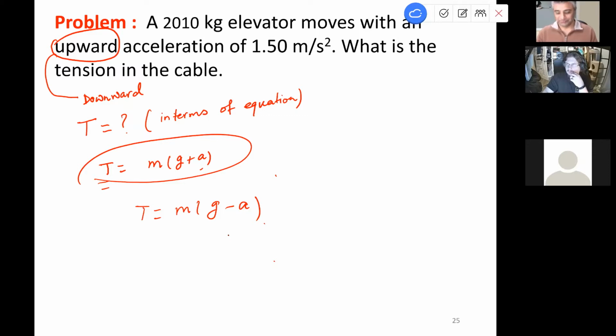Folks? I got the same thing. G minus A. Okay. Yep. Did you do that on the paper? Did you find the equation on the paper? Has anybody written that equation on the paper?